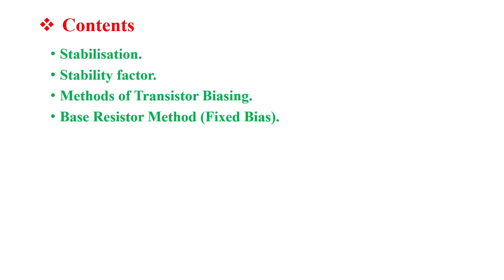Today's contents are stabilization, stability factor, and methods of transistor biasing: the base resistor method or fixed bias method. In the previous lecture we studied that the basic function of a transistor is amplification.